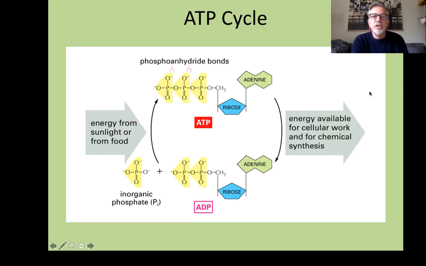We can therefore imagine that there's a giant ATP cycle going on in all cells, where energy from sunlight or food is used to combine ADP and inorganic phosphate, often abbreviated as P sub I. That energy is used to make ATP, and then the energy in ATP is broken apart and is available for cellular work, to make, for example, an RNA, or to cause movement, such as by a motor protein along a piece of cytoskeleton, or gross muscular movement when an organism has to move its muscles.